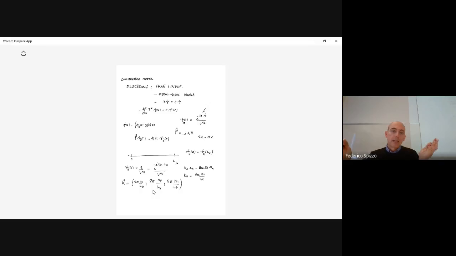The lattice is a cubic lattice if Lx, Ly, and Lz are equal to each other, or in any case a space resembling a sort of cubic symmetry, because you have discrete points equally spaced along x, along y, and along z.